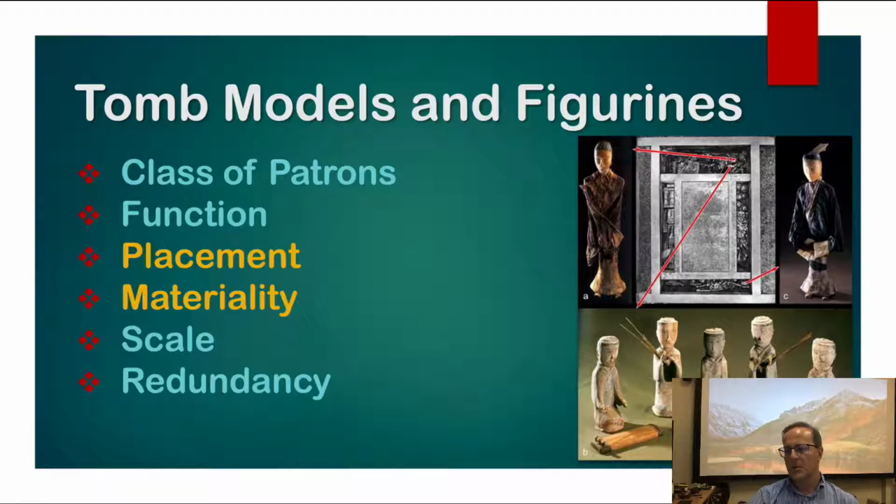We can also see in this particular picture another issue that we're looking at, which is materiality. So the figurines themselves, in the Chinese case, are usually made of wood. Larger ones, like the terracotta warriors of the first emperor, were made of clay. But in this case, the wooden figurines are covered with real silk. So we have a referent to the real material that you would cover these things with.